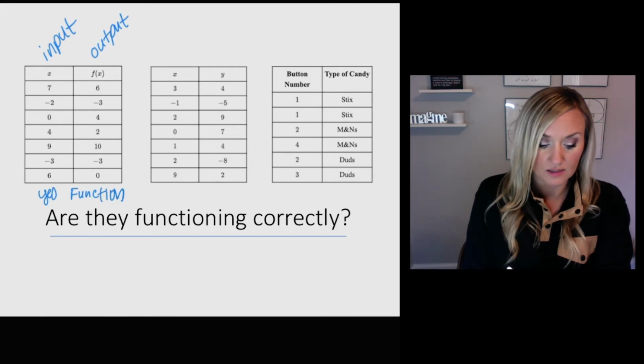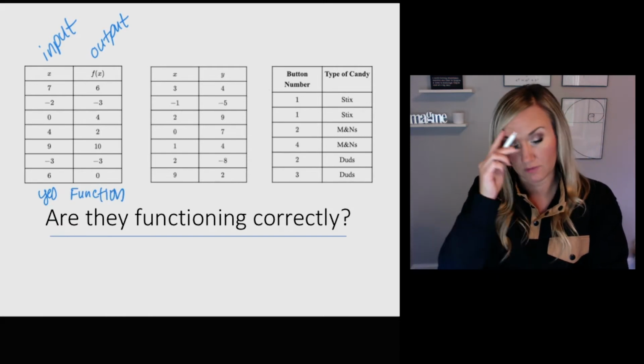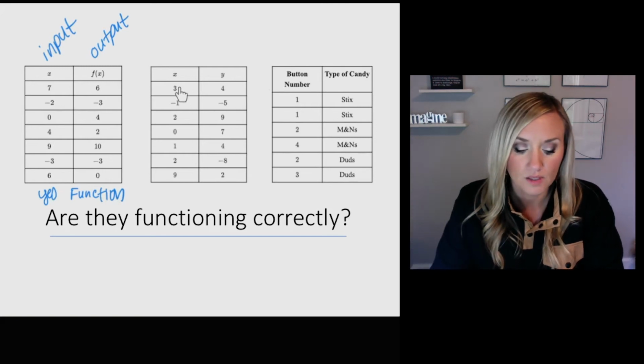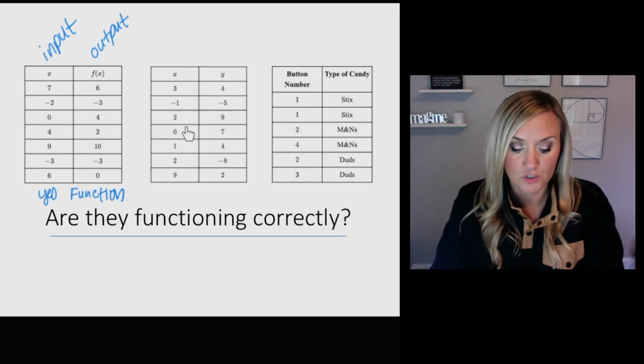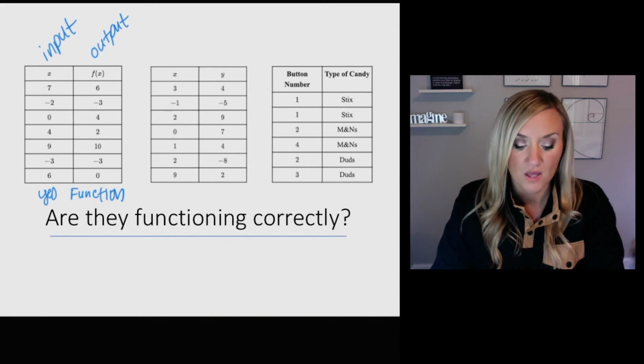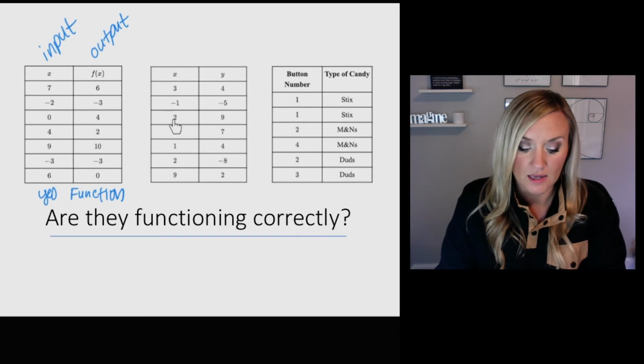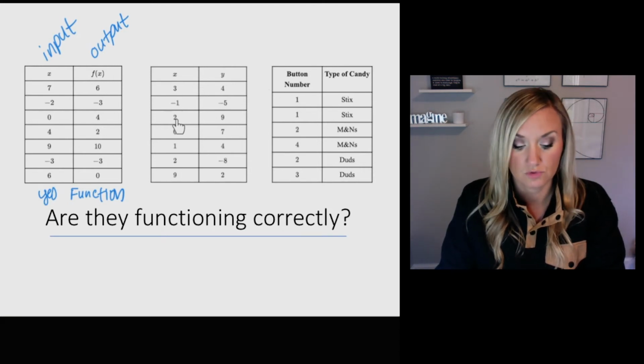All right, now let's take a look at an example that's not a function, okay? Option, the second table. So I push a 3, I get a 4, I push a -1, I push a 2, I push a 0, I push a 1, I push a 2. Wait, hold on. So right away, I look at the buttons or the inputs or the X's, right? And I see that I have two 2's.